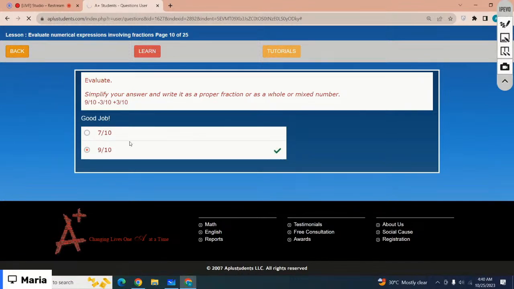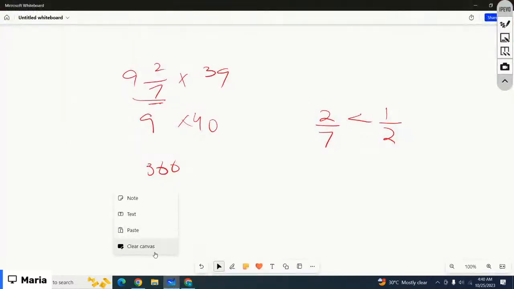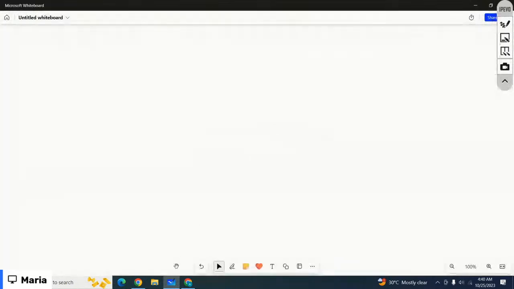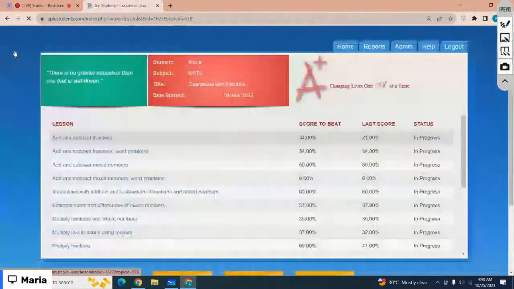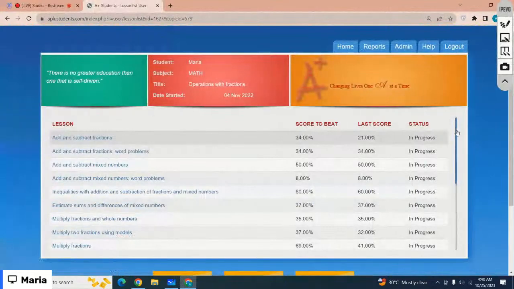So we were working on grade 7 math. We're working on the chapter operations with fractions.